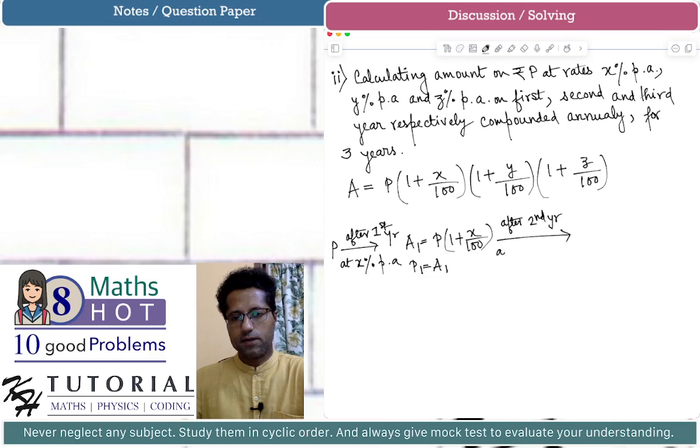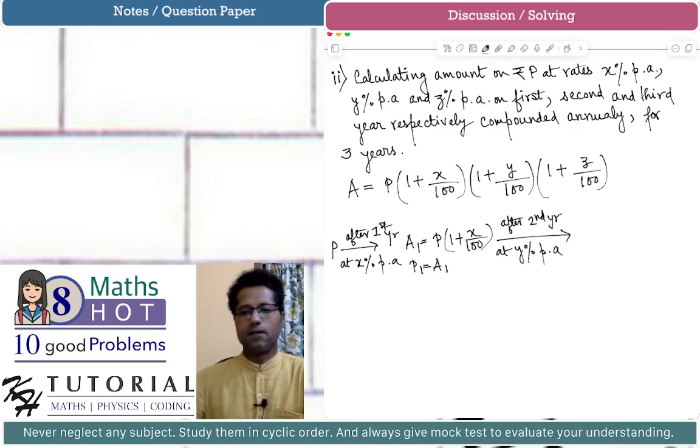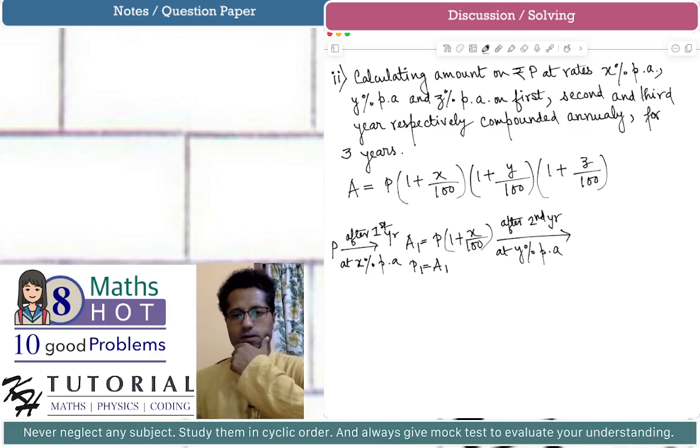And after the second year, the rate is different, at Y% per annum. What will be the amount? The amount will be, as we know, the current principal P1, which is equal to A1, which is equal to P into 1 plus X by 100, multiplied by 1 plus the current rate, that is Y by 100.